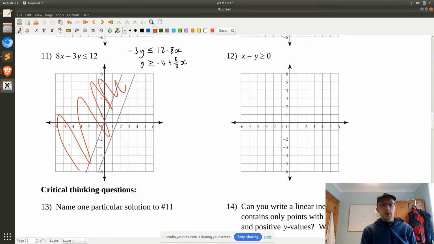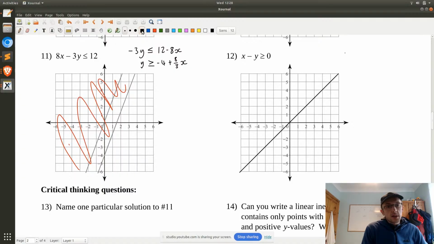Okay, one last one now. Goodness me. Yeah, it's y is equal to x. It's that line. Moving the y over to the other side. And then you just have to check the origin. And is that included? Well, yes, it is.